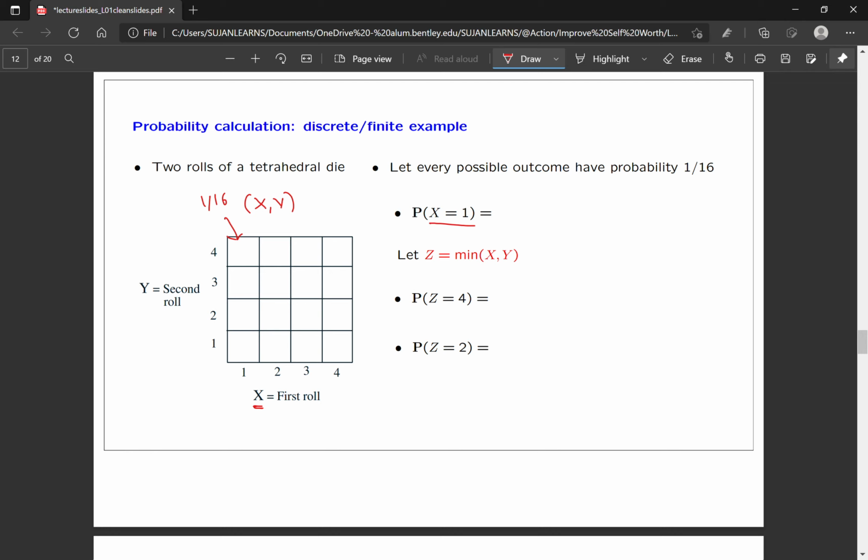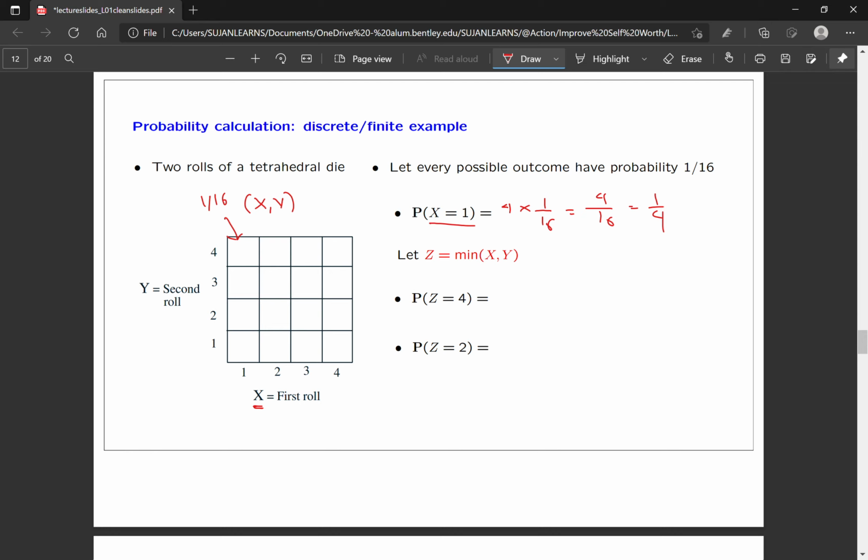Therefore, the probability of x equal to 1 can be calculated by multiplying 4 times 1 by 16, which is equal to 4 over 16, which is equal to 1 over 4. Hence, that's the answer for this question.